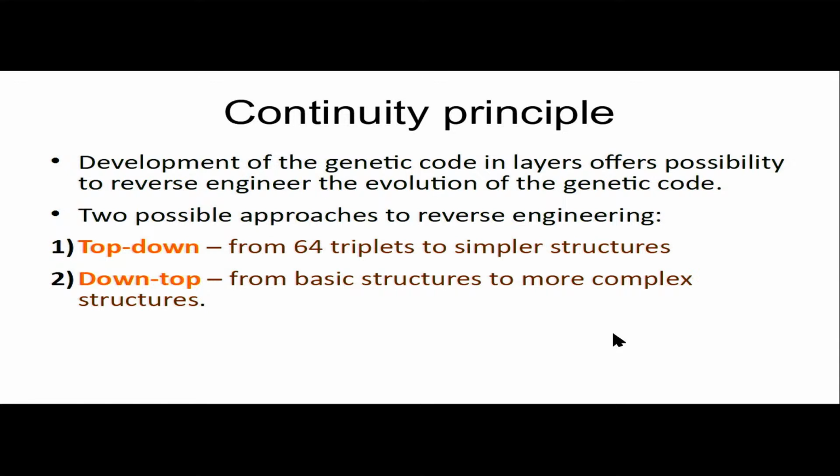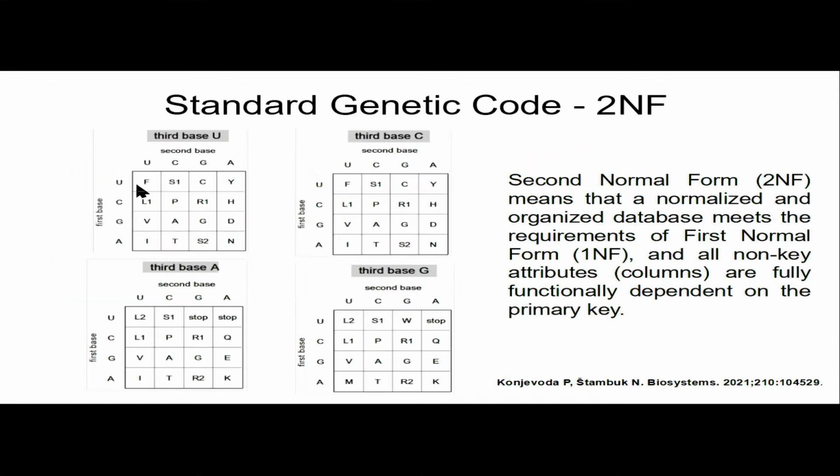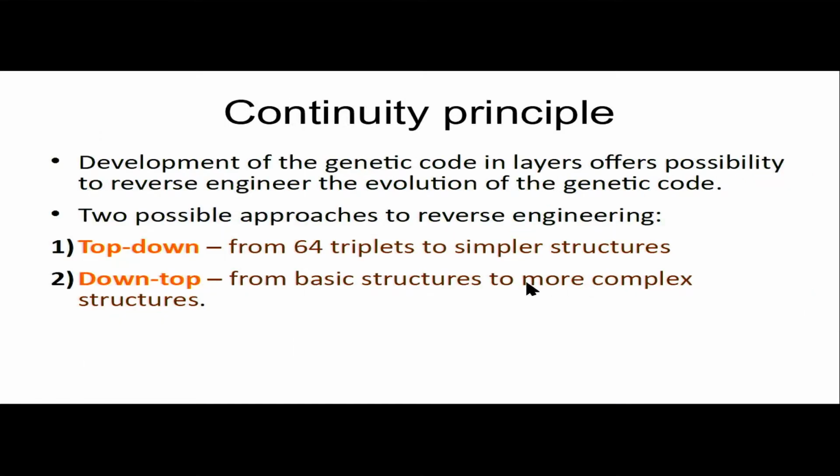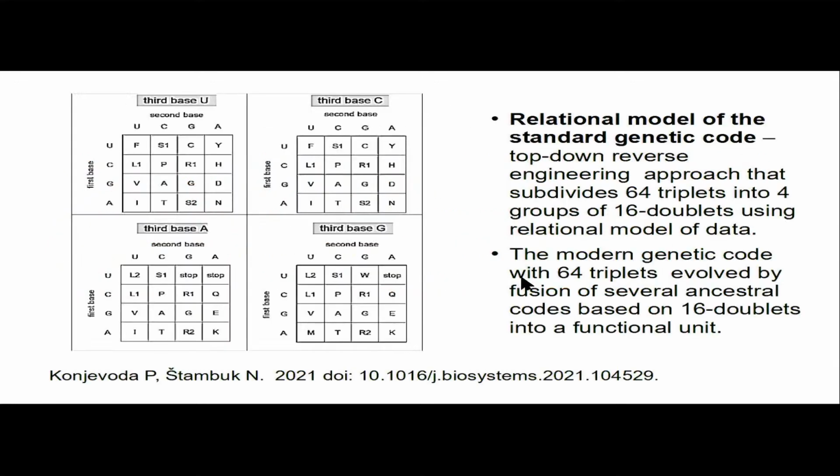So, when we construct all four tables, we remove transitive dependency, define the joint column, and we obtain the second normalized form. We can track the system from top down, from triplets to simple structures.